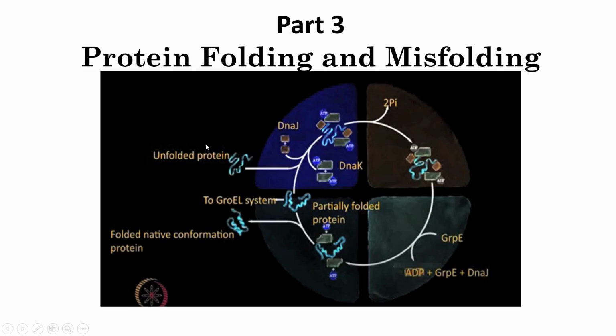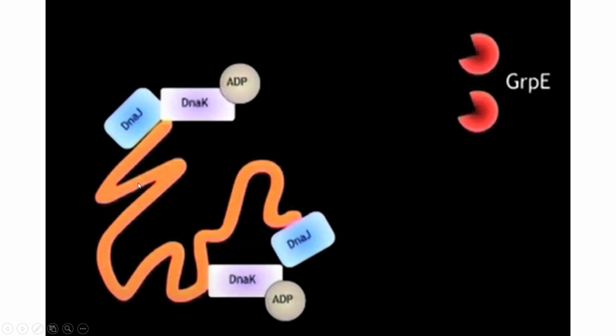Then how exactly do unfolding and folding happen? There are certain proteins which are responsible for the proper folding of a protein: DNA J, DNA K, GroE. These are some proteins which play a role in protein folding and misfolding.